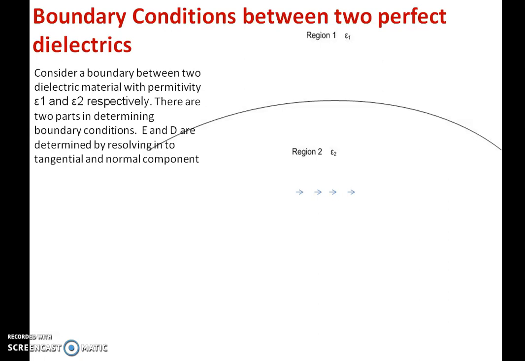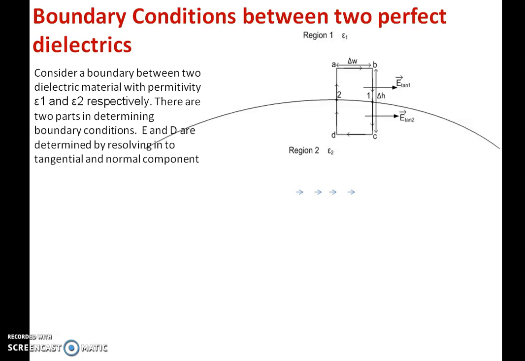To find the tangential component, I will consider a closed path ABCDA. The tangential component in region 1 is considered in this direction, and in region 2 in this direction.